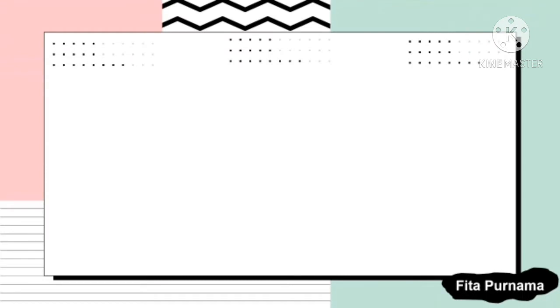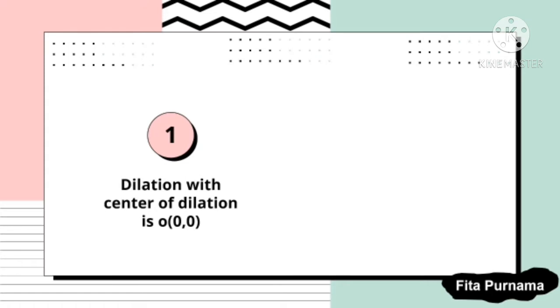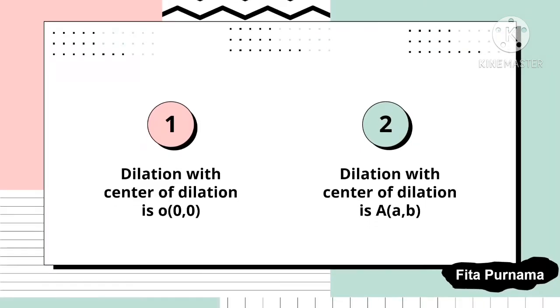There are two kinds of dilation. The first is dilation with the center of dilation at the point O with coordinates (0, 0). The second is dilation with the center of dilation at a random point A with coordinates (a, b).